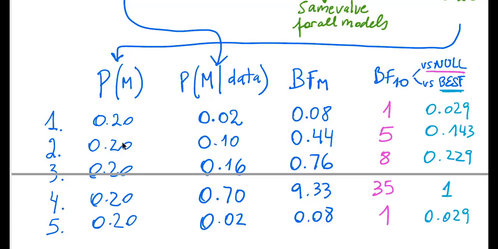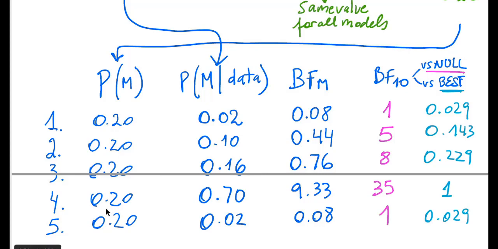Now model 2, which says that variable x is the only variable that affects the outcome variable y, but not variable z, also went down. It started with a probability of 0.20 and now has a probability of 0.10. Then model 3, which is variable z only, also went down from 0.20 to 0.16.